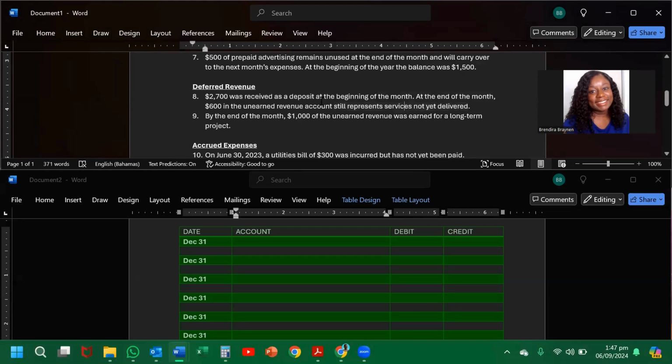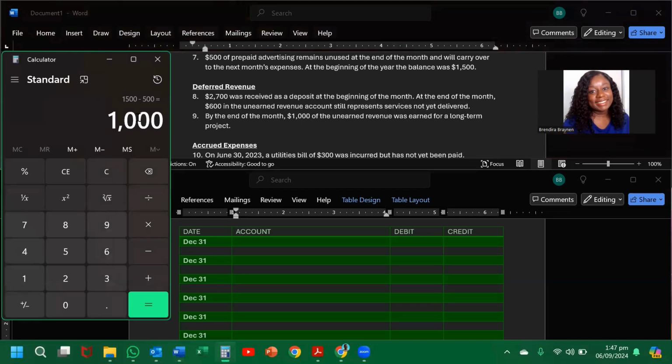In this instance, you have to figure out how much of the work was actually performed. 2,700 is the collected amount, and if I have 600 that's still not done, that means 2,100 of it had to have been completed. I should have done $2,100 of work.